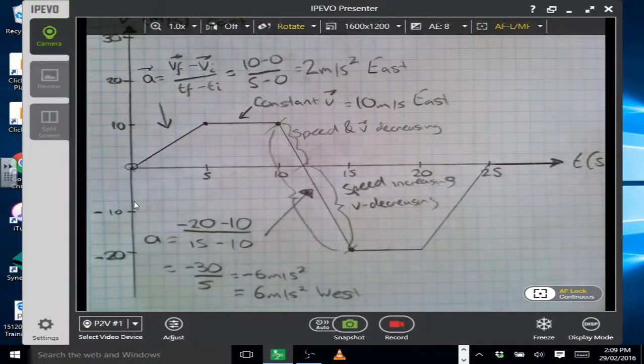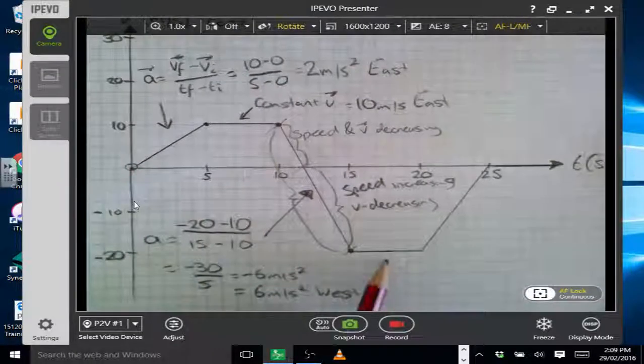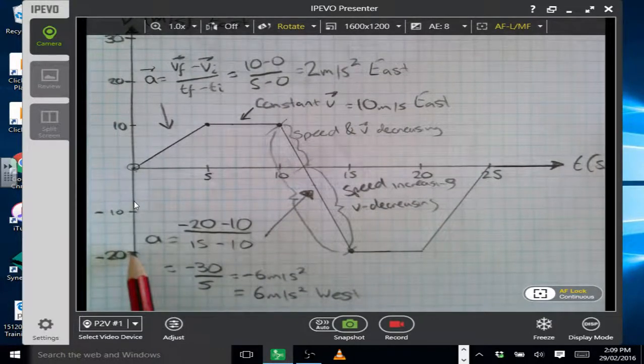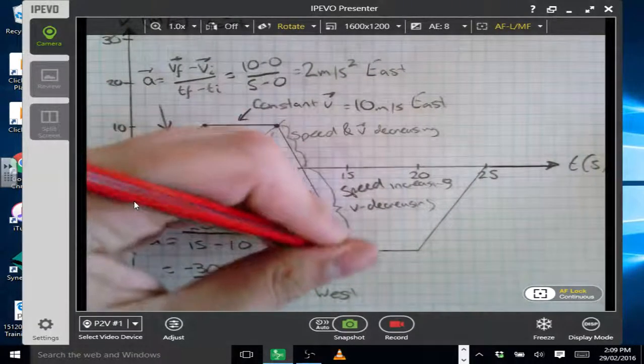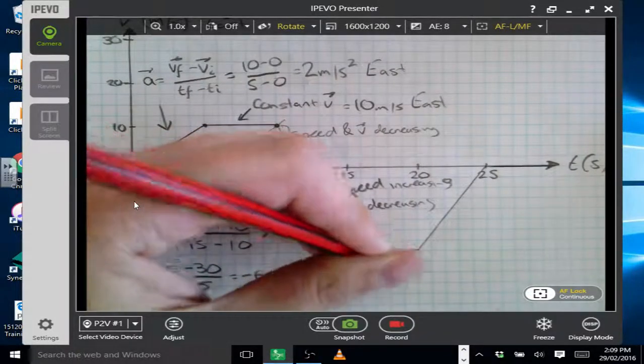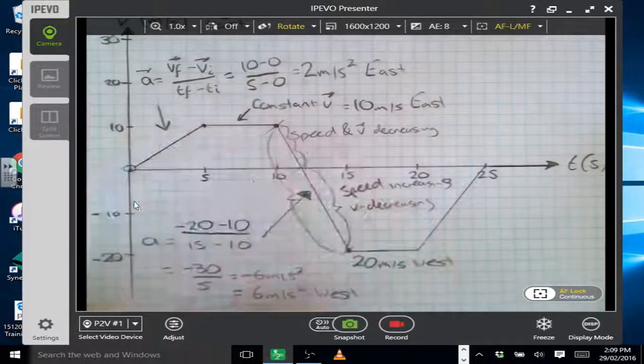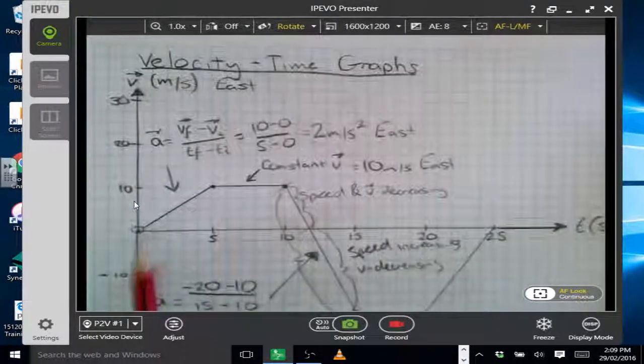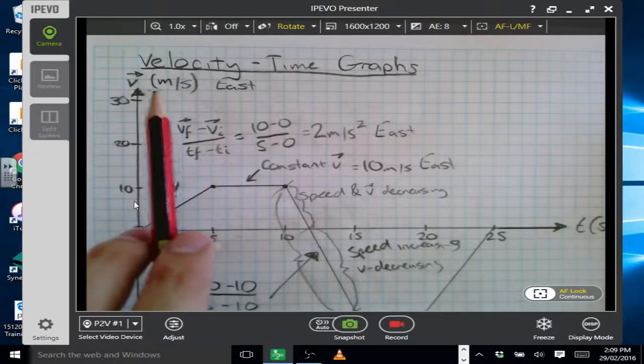Now what's happening here at the bottom? Constant velocity at 20 meters per second west. No, the bottom, below here is actually west, because that's negative. If you go back to the top, I said velocity meters per second east.